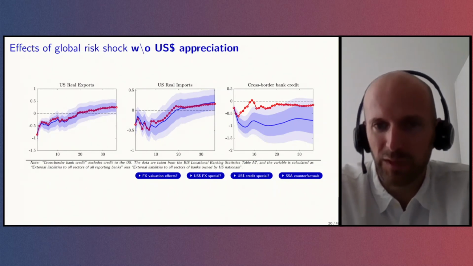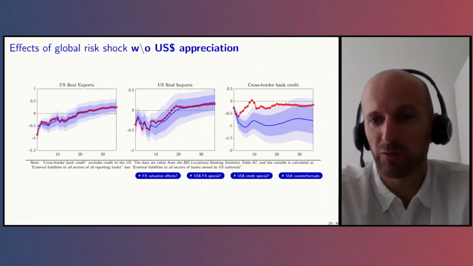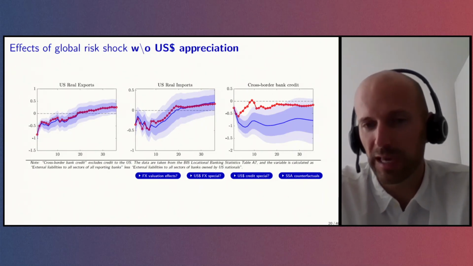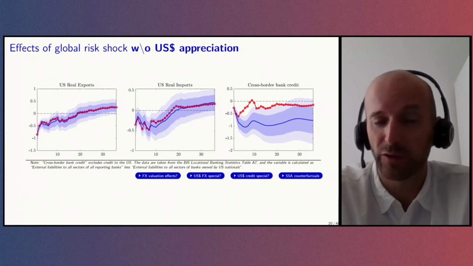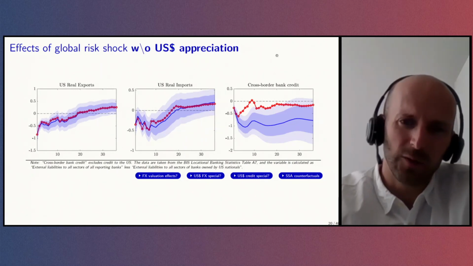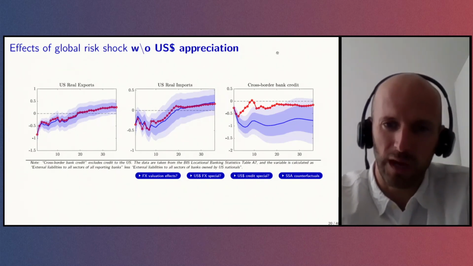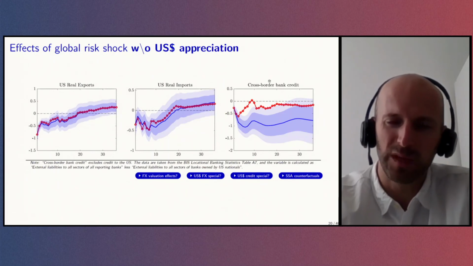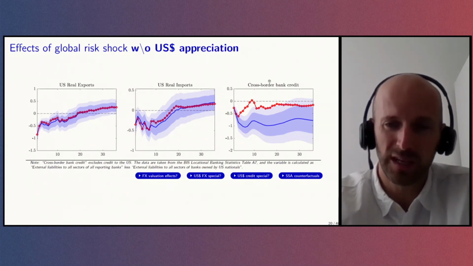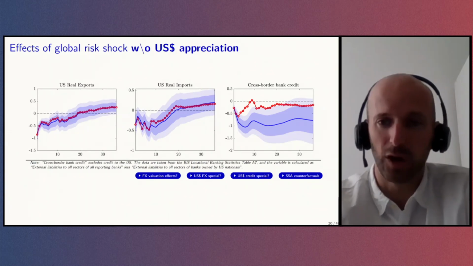At the same time, in the right-hand side panel, we see that there's a very different response of cross-border bank credit to non-US borrowers when there's no dollar appreciation. And so again, this suggests that the financial channel turns out to be much more important quantitatively than the trade channel. I want to address one concern here right away, namely that cross-border bank credit in the BIS data is recorded in dollars. Obviously, there's not only cross-border bank credit denominated in dollars out there in the world.